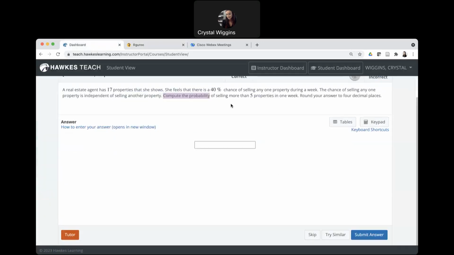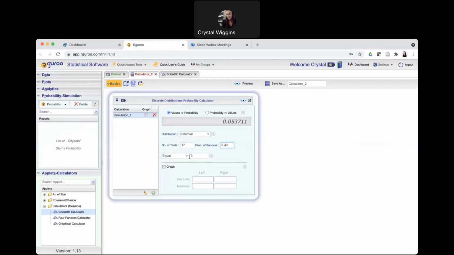And they want me to find more than 5. Okay, so more than 5 is a strictly greater than sign. So I'm going to select above. I am going to unselect this box because that would be greater than or equal to, but that's not what they want. They want strictly more than 5 properties.